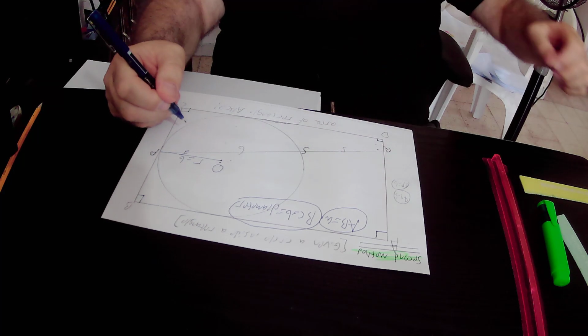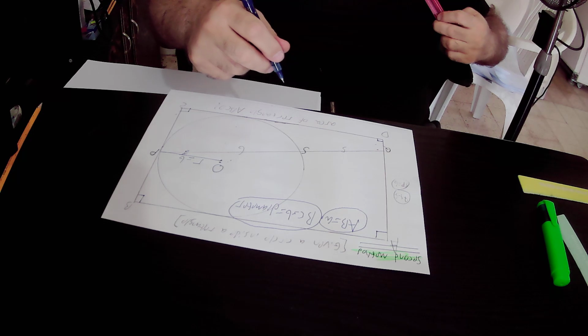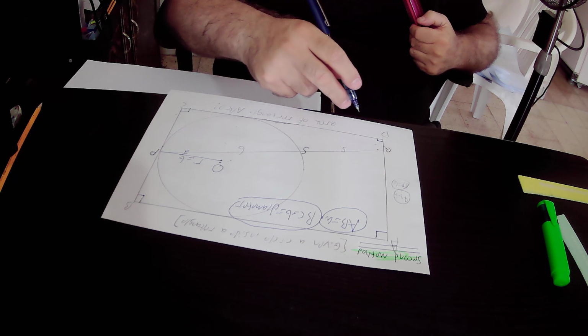Here we'll extend the radius PO until it touches side AD of rectangle ABCD.